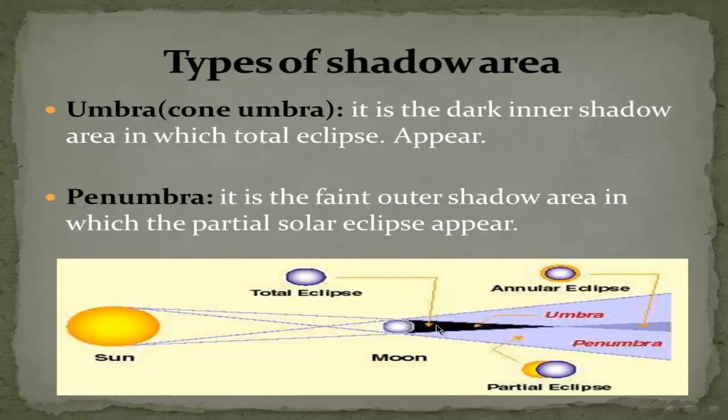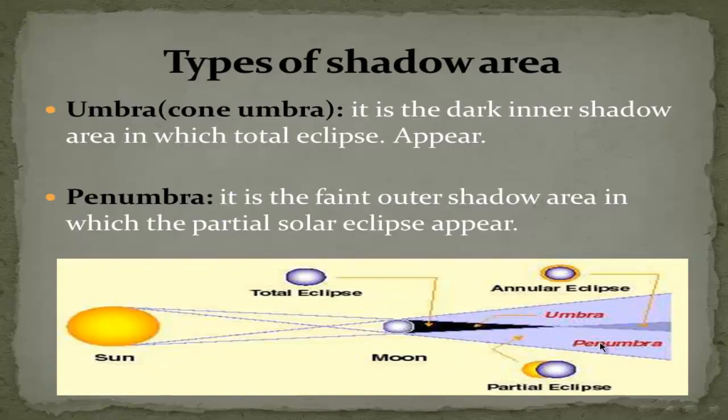What is meant by umbra? Umbra is the darkened inner shadow, this darkened area. In this area, a type of solar eclipse occurs, called total solar eclipse, which we will explain after that.